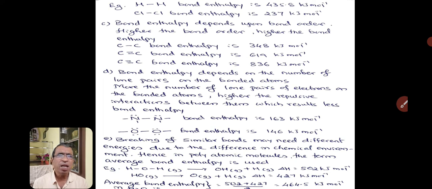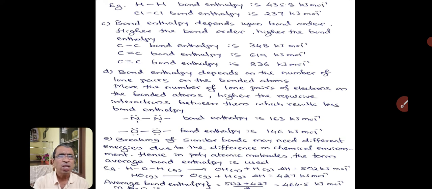Breaking of similar bonds may need different energies due to the difference in chemical environment. Hence, in polyatomic molecules, the term average bond enthalpy is used. For example, in the case of the water molecule H-O-H in gaseous state, it turns into OH in gaseous state and H in gaseous state.